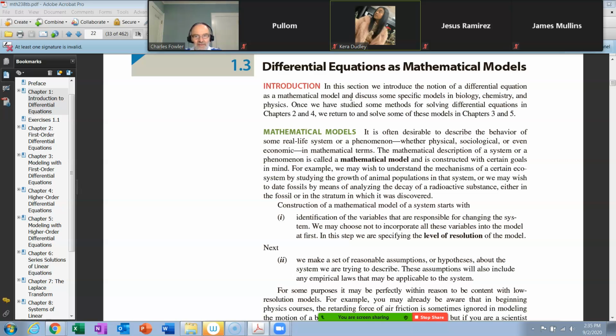If not, what we're looking at today is differential equations as mathematical models. And I hope you remember, I just had it in one of my courses this morning, Cal 2 or Cal 3, I don't remember which, that a derivative represents a change, a rate.